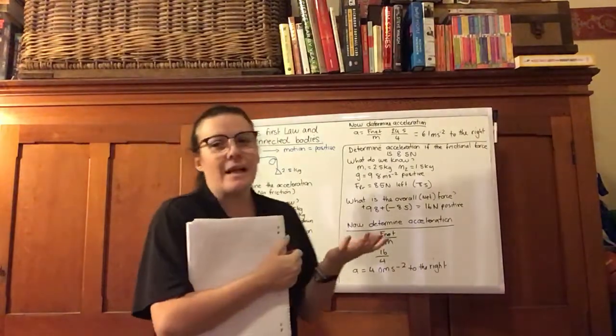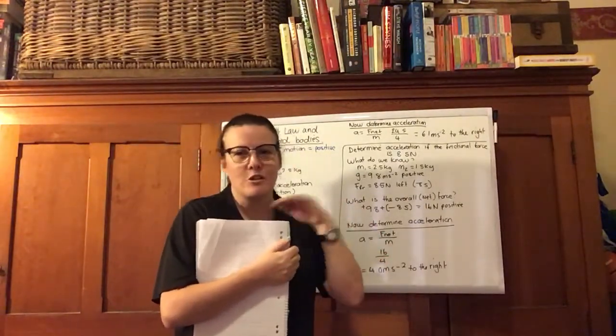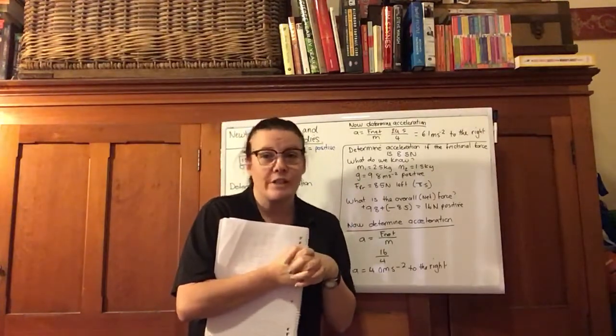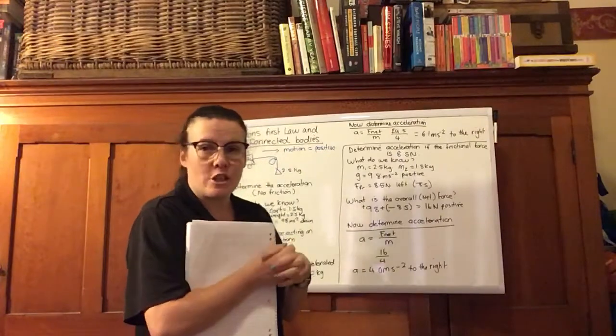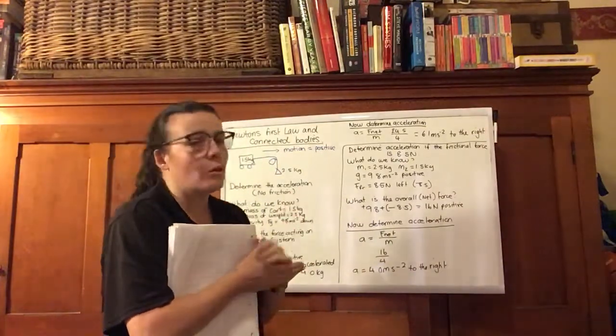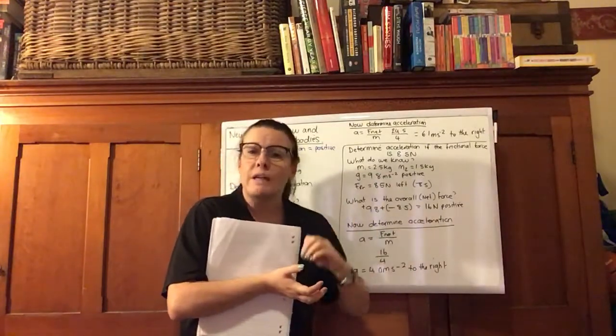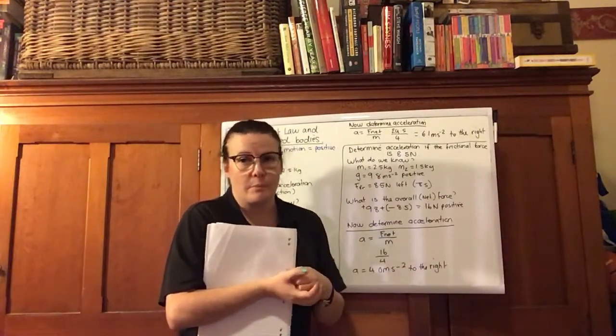Alright, but the reality is we know that a trolley moving across the table isn't going to be really without friction. There is going to be friction there. So let's look at this calculation of acceleration when we bring friction into the equation.